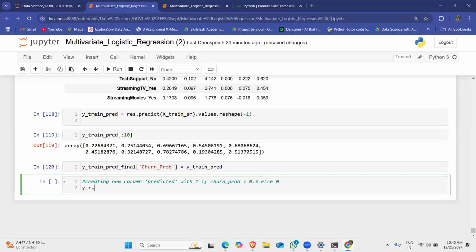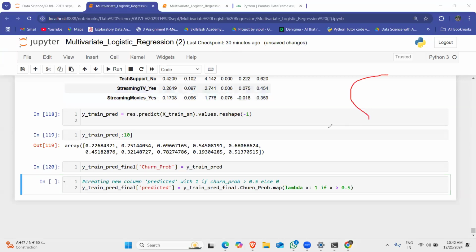So we'll write y_train_pred_final, and in that we'll create a new column predicted. That should be exactly equal to y_train_pred_final.Churn_Prob mapped with lambda x: 1 if x probability is greater than 0.5, right?